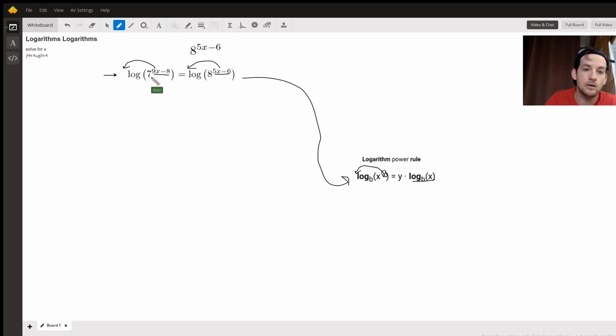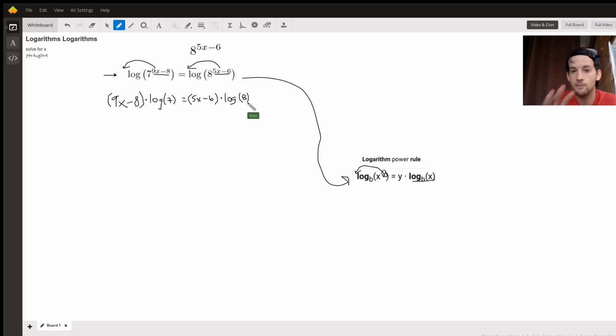So make sure when you pull that out front, we put that 9x minus 8, please excuse the handwriting, all of that in parentheses, because all of it needs to get multiplied by the log of, and we're left with 7 on the inside. So that's our left-hand side. And then we'll do the same thing on the right. We're going to write in parentheses 5x minus 6, and then times the remaining log, so log of 8.